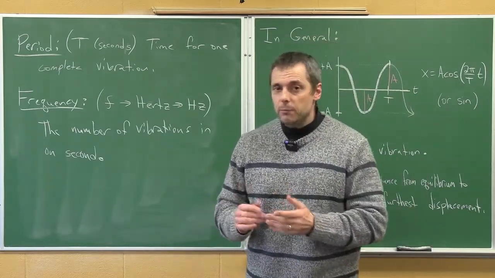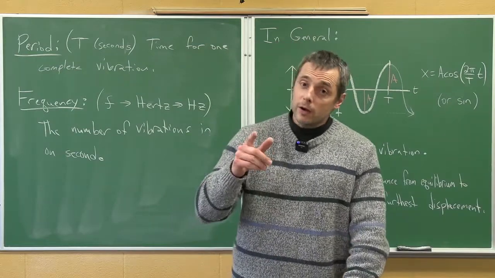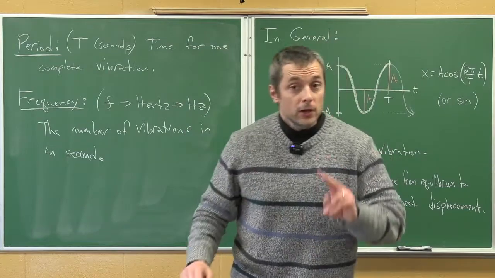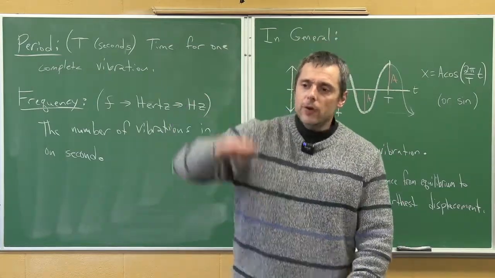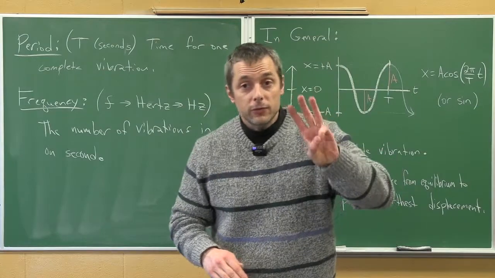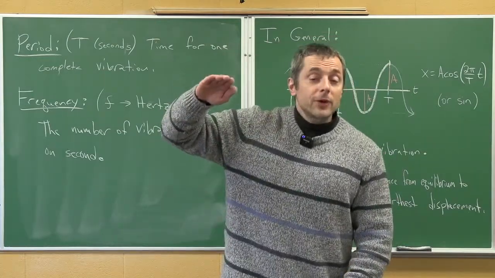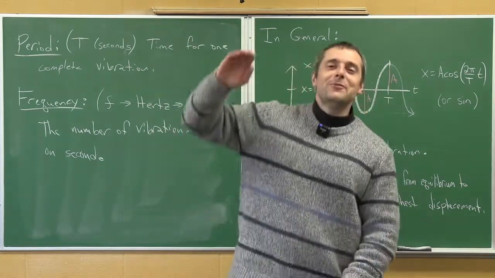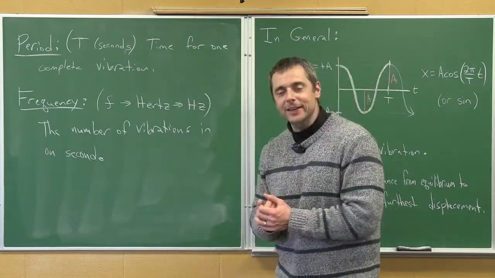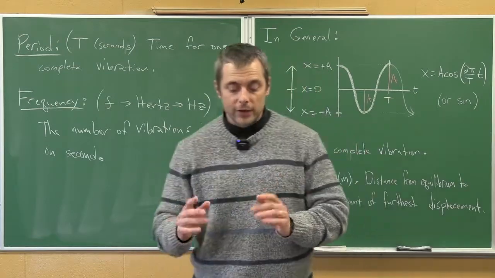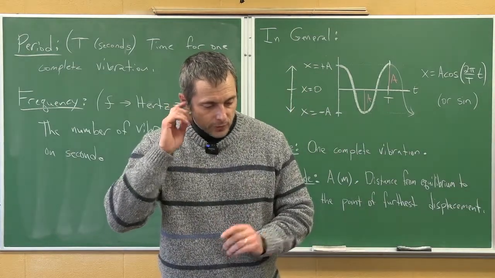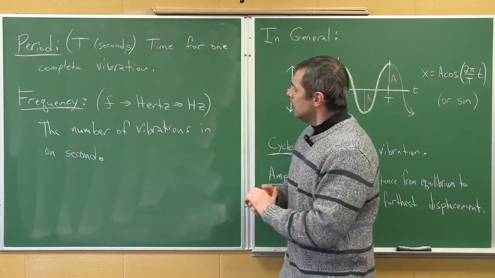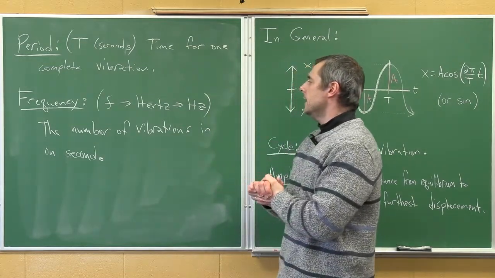For example, 1 hertz would be 1 vibration every single second. 2 hertz is 2 vibrations in 1 second. 3 hertz is 3 vibrations in 1 second. 4 hertz is 4 vibrations in 1 second. You get the idea. So, the number of vibrations per second.